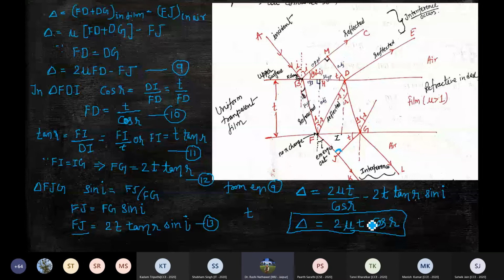I am not going to add plus or minus lambda by 2 here. So this is a difference between the interference pattern that we are getting from transmitted waves and the interference pattern that we are getting from the reflected waves. So the total path difference, not the apparent path difference, is 2 mu t cos r. Now again we will get the condition for maxima and minima for the same.